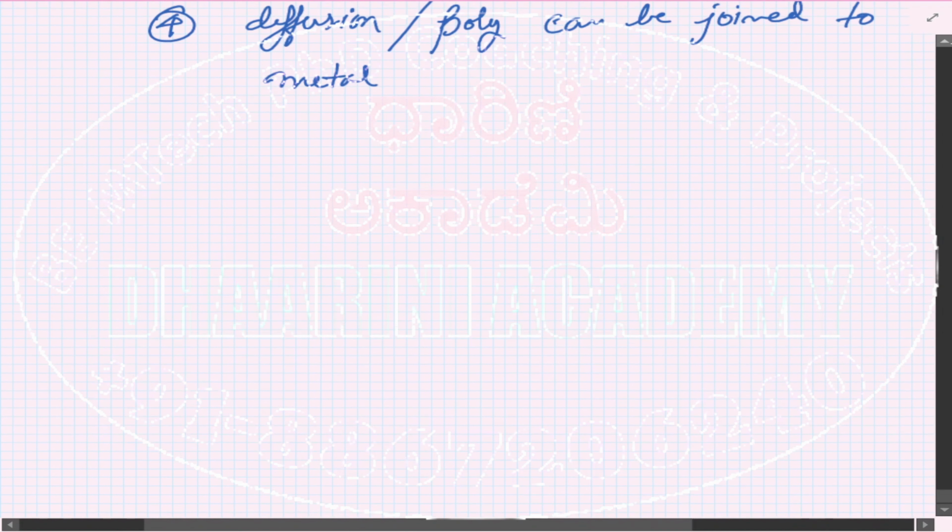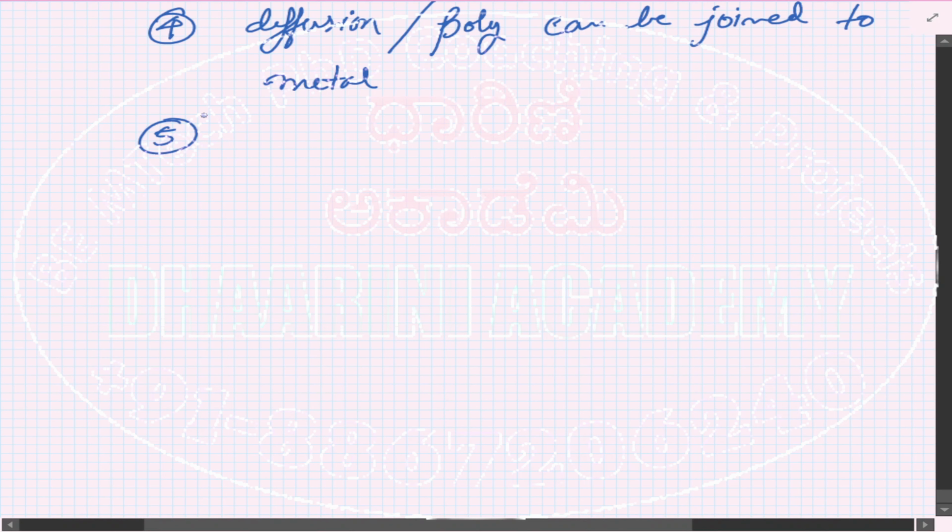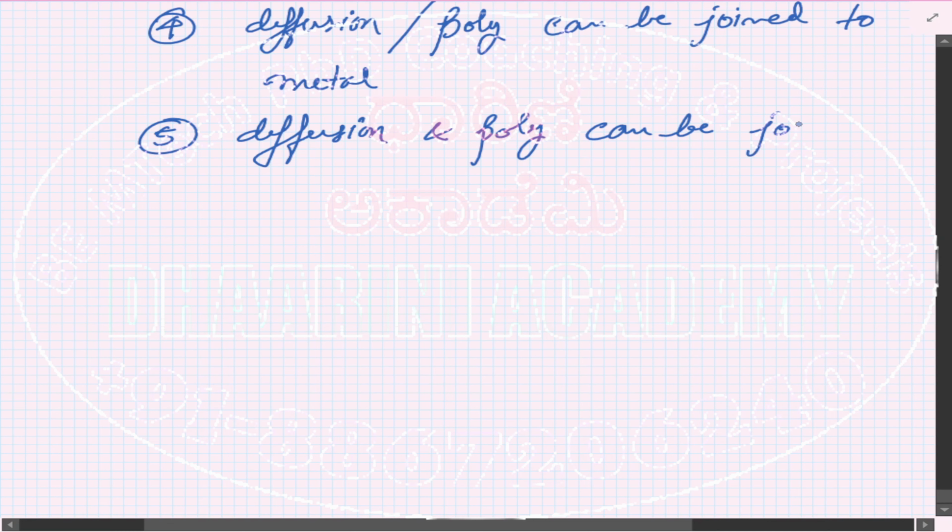Okay, then the next one, if you want to have a connection between diffusion and polysilicon, you have to remember that there has to be a buried contact. Without that you cannot connect diffusion and poly. Diffusion and poly can be joined by using what is called a buried contact.